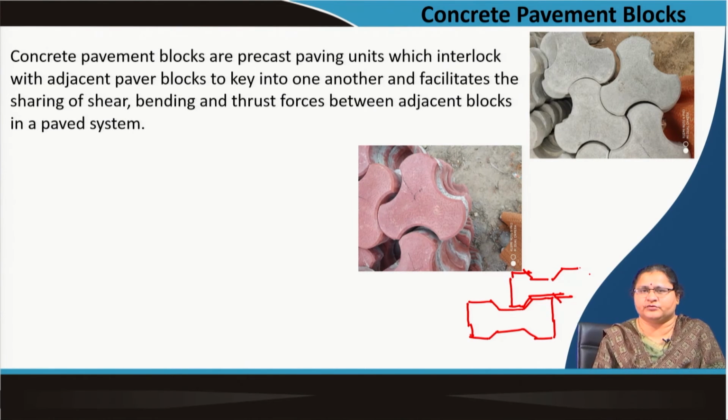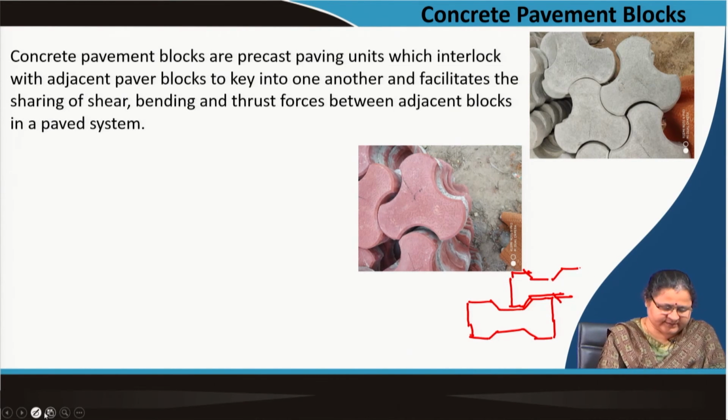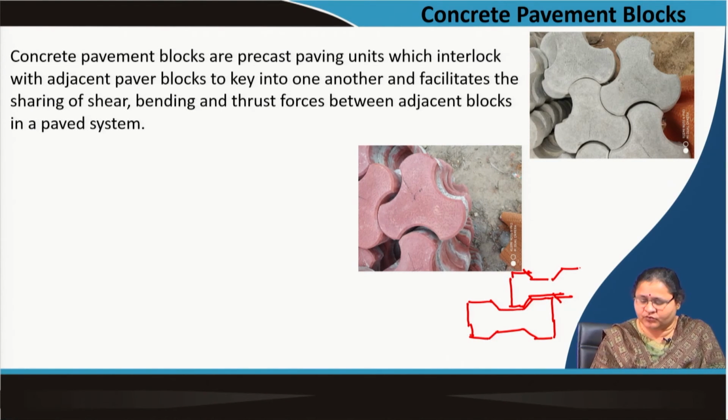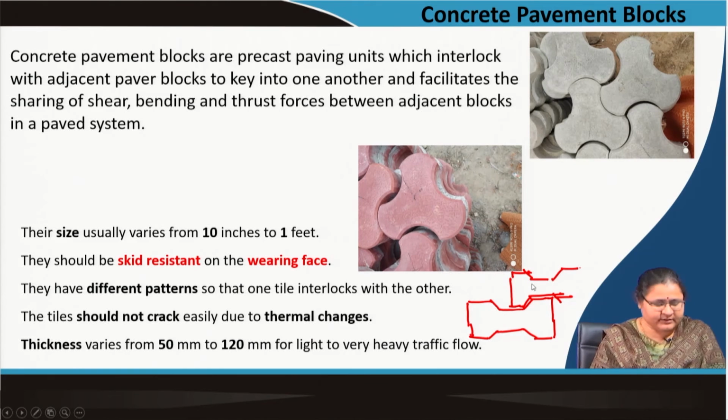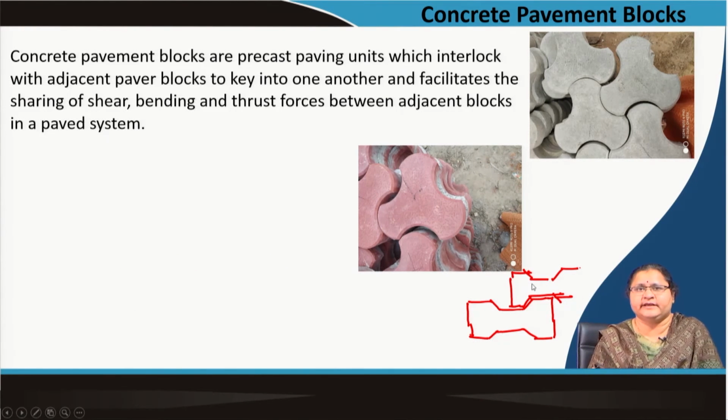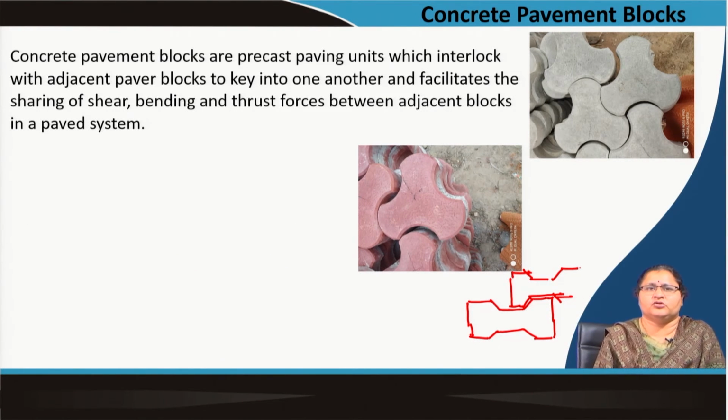Here you see the pattern has changed to more or less a triangle with circles. You can generate various shapes, but you have to remember the principle is interlocking. Why interlocking? So that you get a smooth finish, no gaps and no joints, and you get a continuous surface.